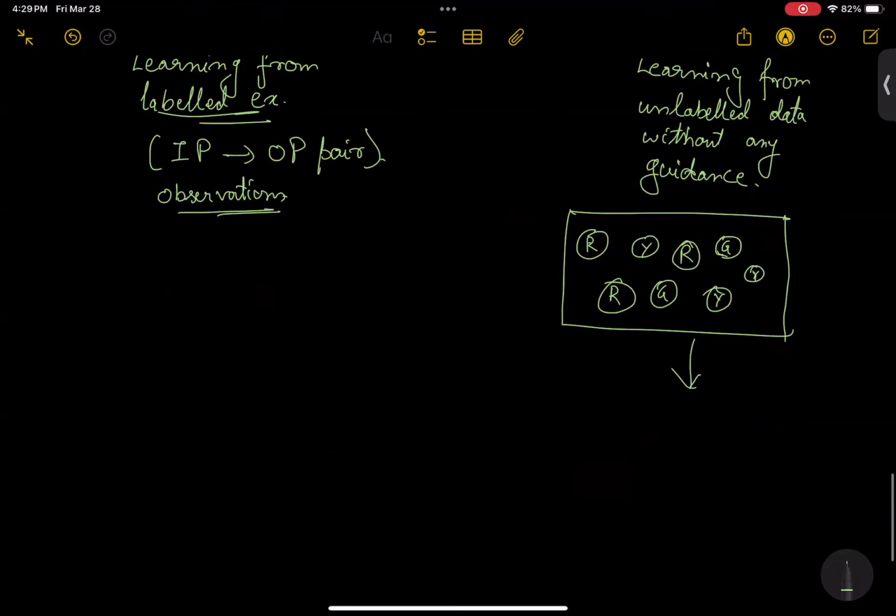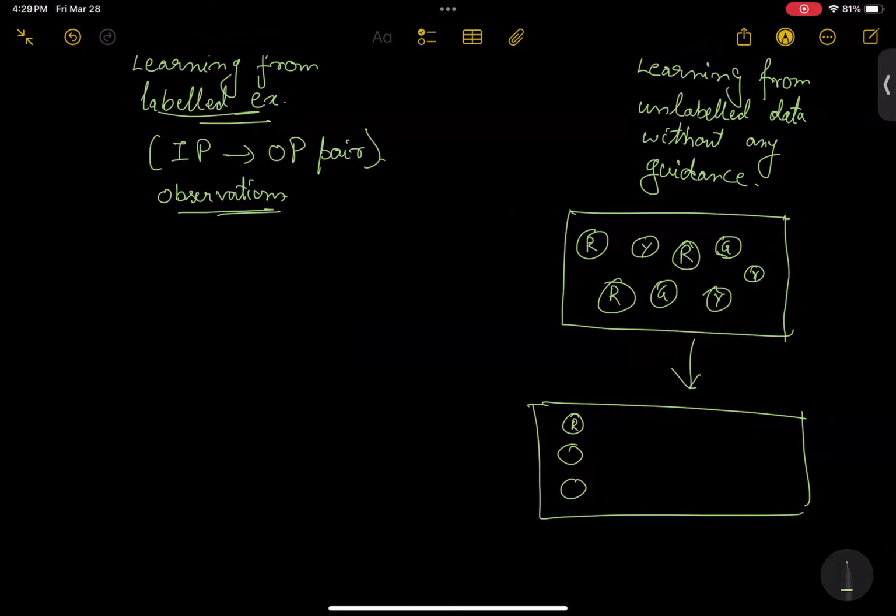If I am to generate an algorithm which will just bring all the red balls together, red, red, red. How many red balls? 1, 2, 3. And there are 2 green balls. Then there are 1, 2, 3 yellow balls. These are all yellow balls. And there are 2 green balls, right?